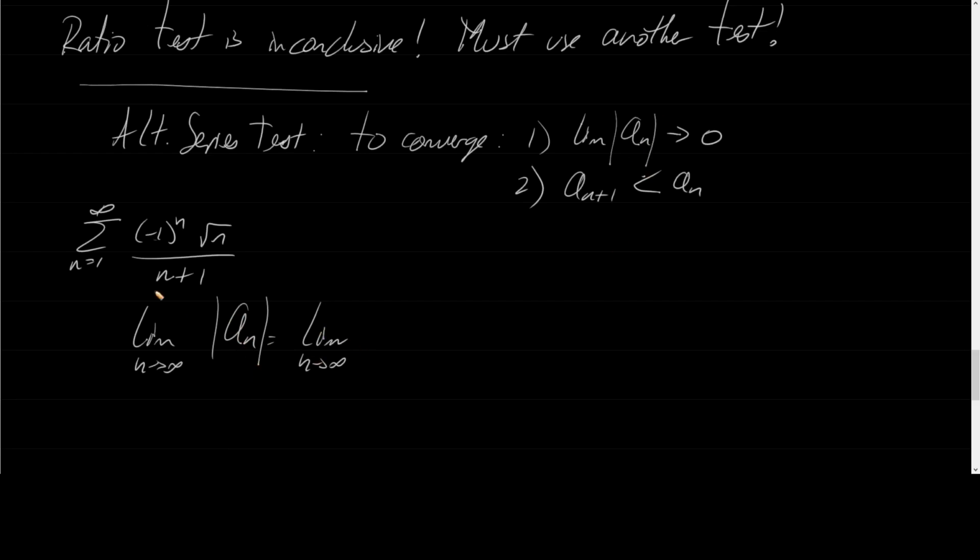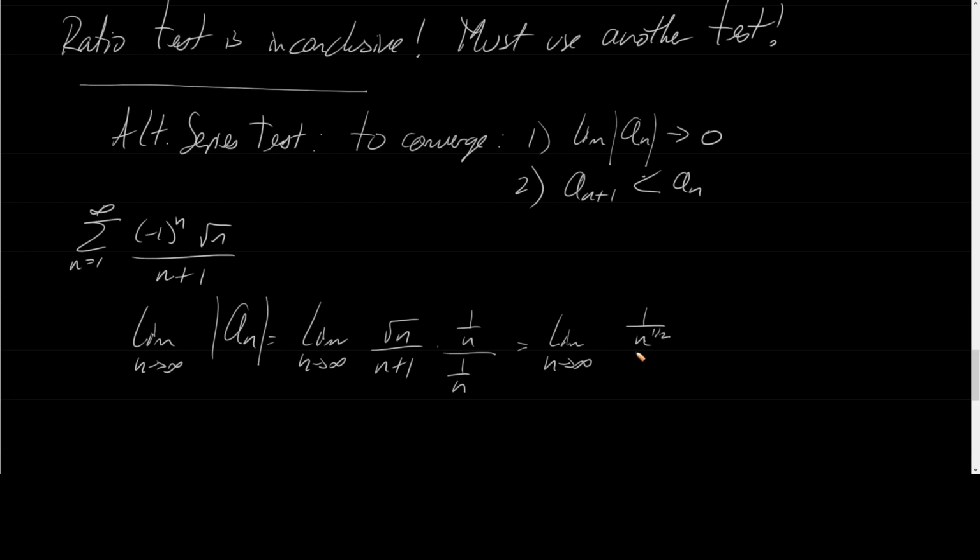When I plug this in, I end up with just square root of n over n plus 1. If I multiply this by 1 over n over 1 over n, because it's the highest degree of the denominator, what do I get? The limit as n goes to infinity of the numerator, which is n to the 1/2, over 1 over n to the 1/2 times 1 over n. That would just be 1 over n to the 1/2.